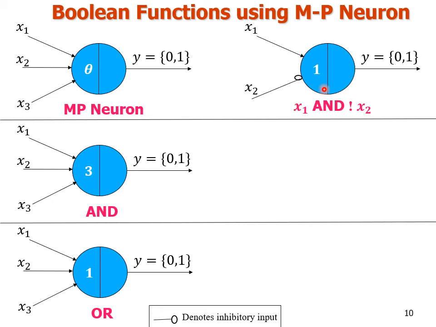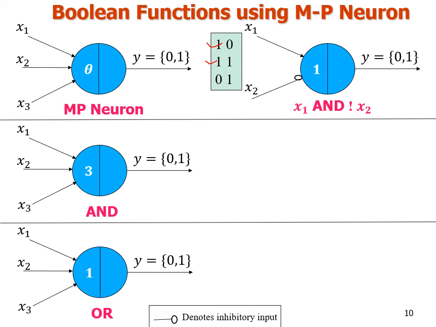So it is obvious that the threshold parameter should be 1. Let us try to verify that g of x, that is x1 plus x2, is greater than or equal to 1 in 3 cases. Case 1, when x1 is 1 and x2 is 0. Case 2, when x1 is 1 and x2 is 1.